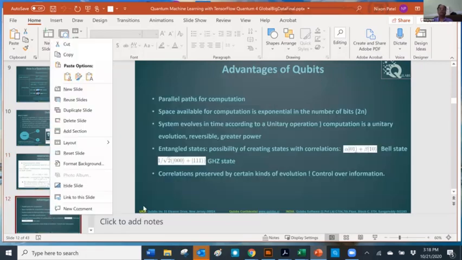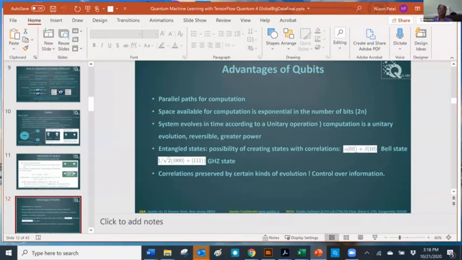So some of the advantages of qubit-based or quantum-based computing, before we dive into the details, are parallelism, and the space available for computation is 2 to the power n. The system evolves in time according to a unitary operation.